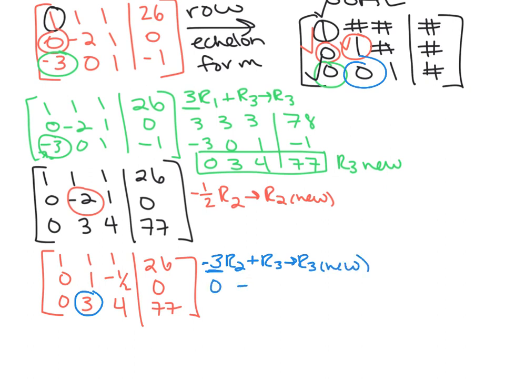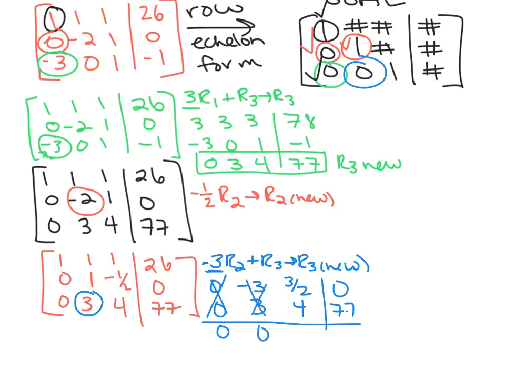I'll have 0, -3, +3/2, 0. I'll have 0, 3, 4, 77. And now we're just adding them. This is just 0. This is just 0. 3/2 plus 4 is 11/2. And then I'll just have 77.